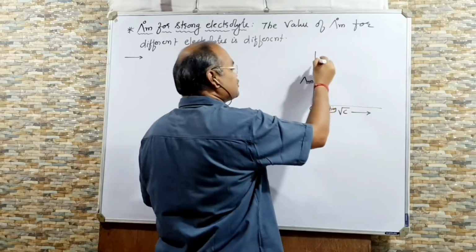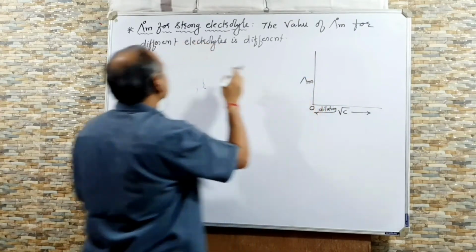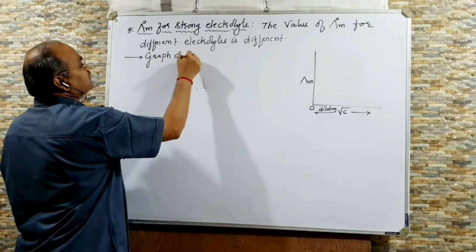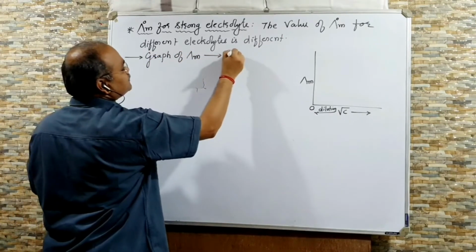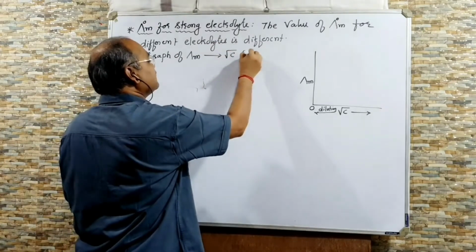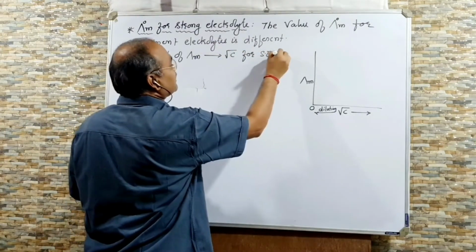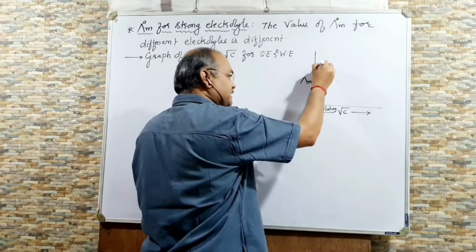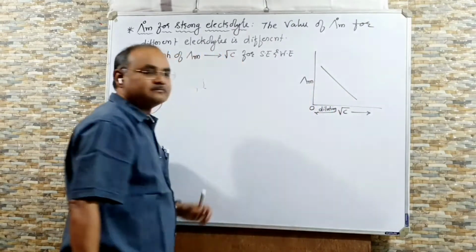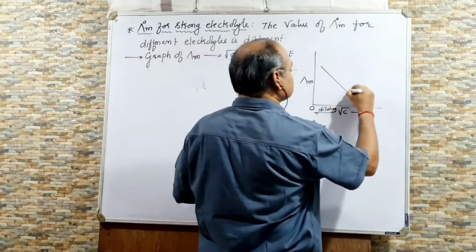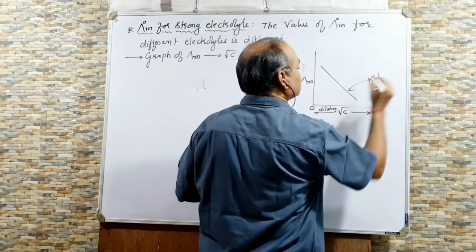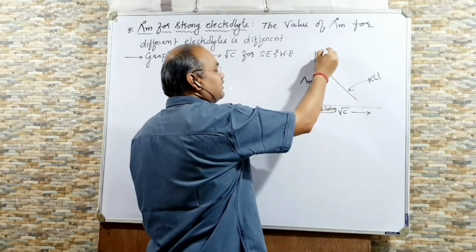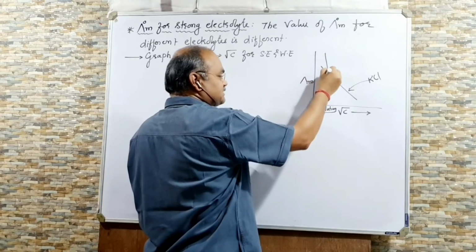I will draw for both strong electrolyte and weak electrolyte. For strong electrolyte, we get a straight line graph. This was a graph for KCl solution, experimentally determined. And for weak electrolyte, the graph was obtained like this.